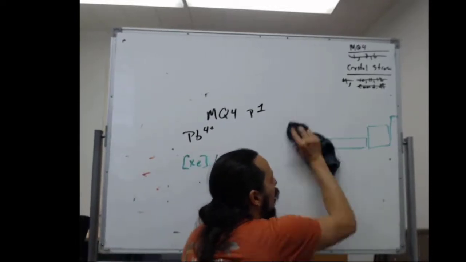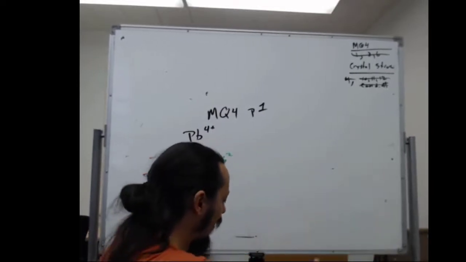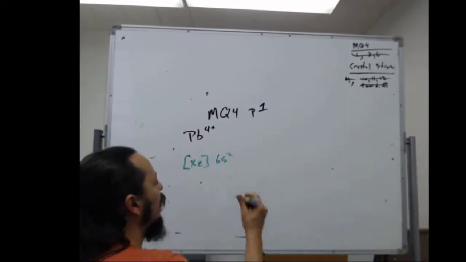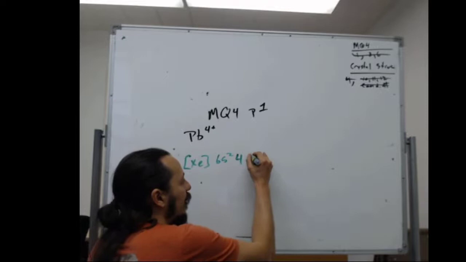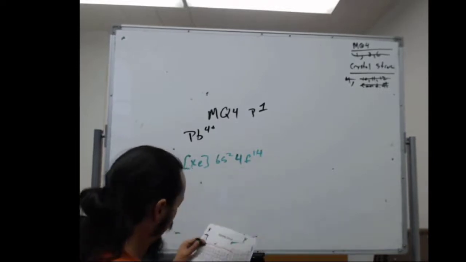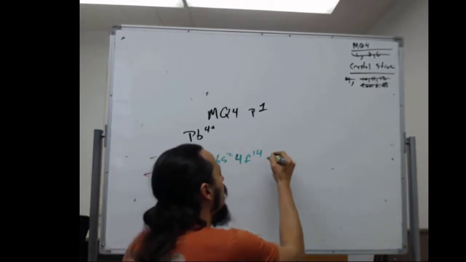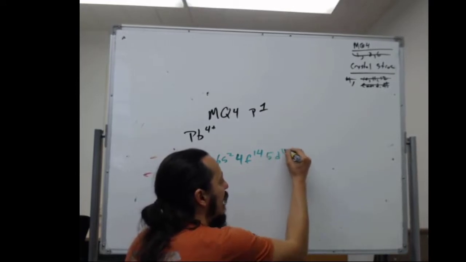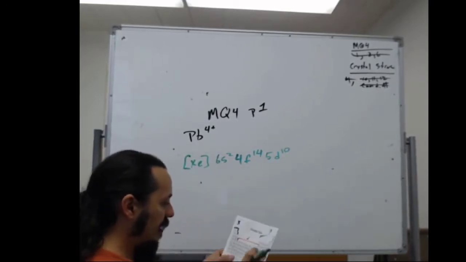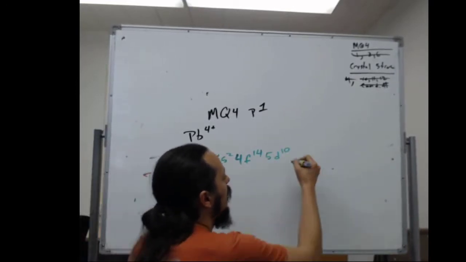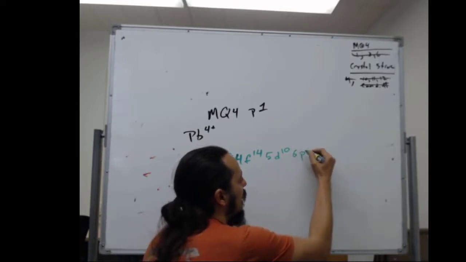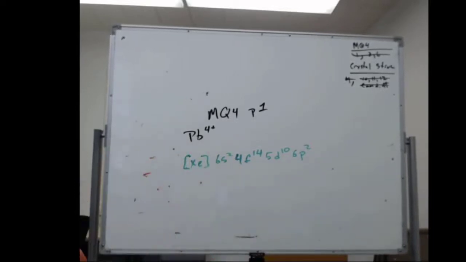So we have to include there, where that star is, where lanthanum is, we have to include the lanthanide series, the 4f14, and then we can come back to the 5d10, and the 6p2. This is the fill order off of the periodic table.